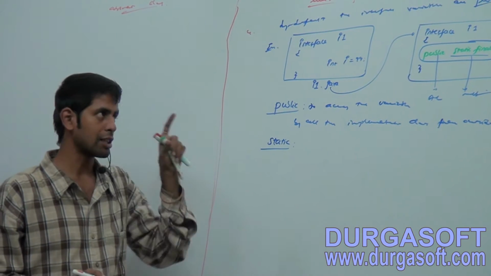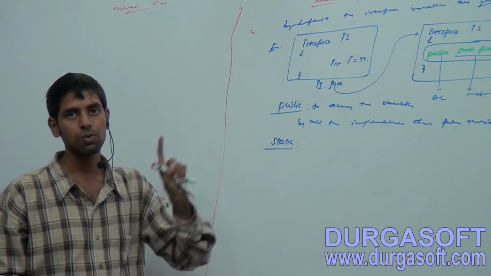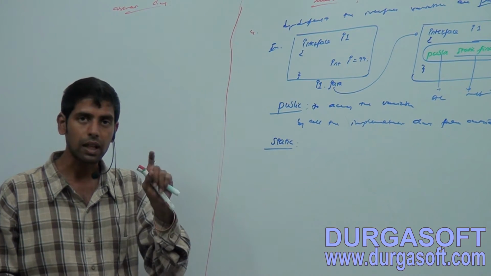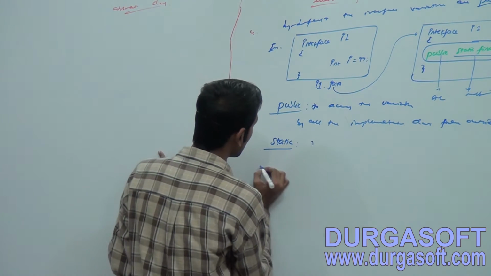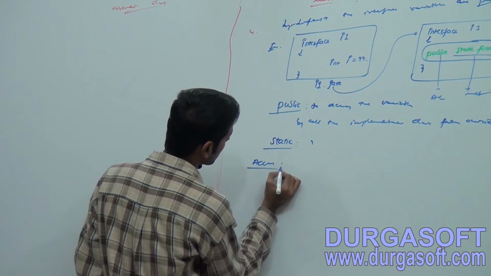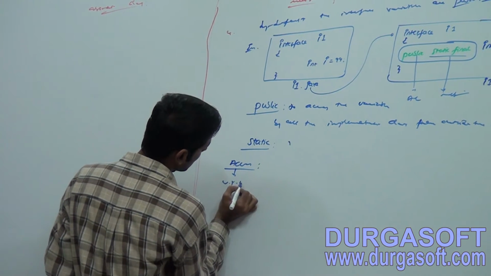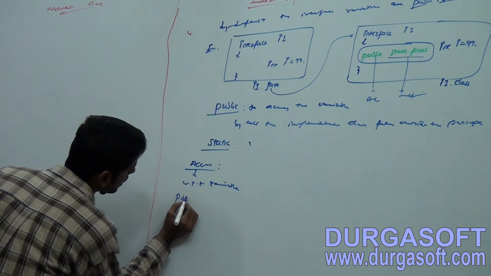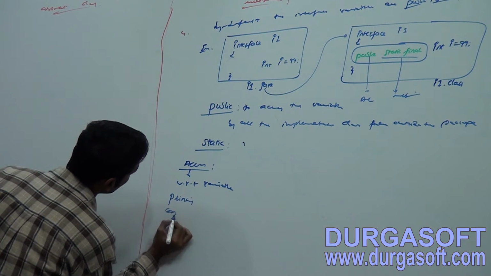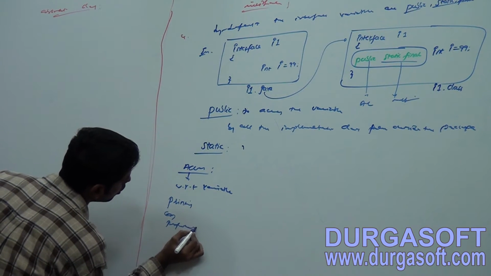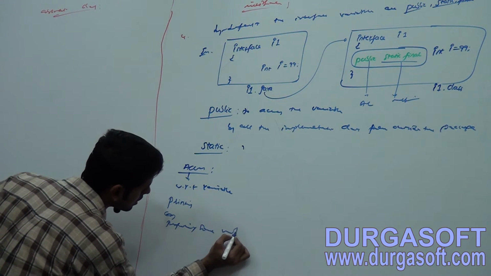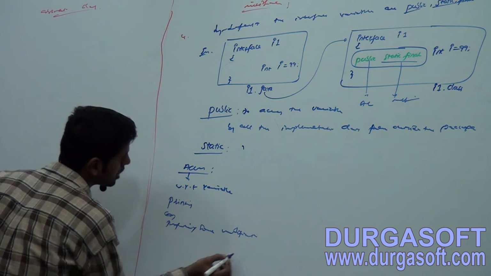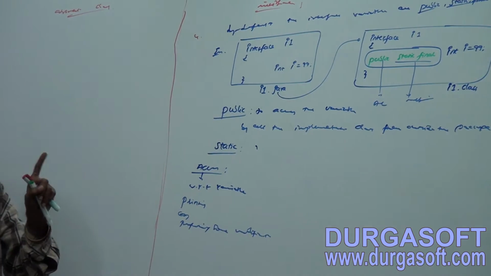With respect to the variables, access means just printing, or performing some modifications by using arithmetic operators.